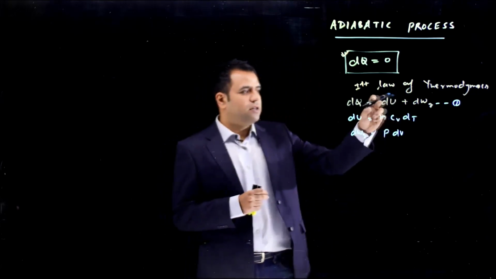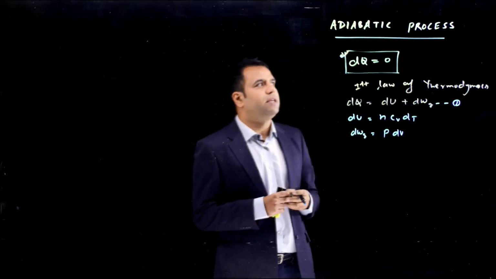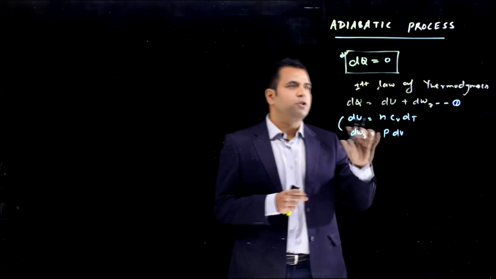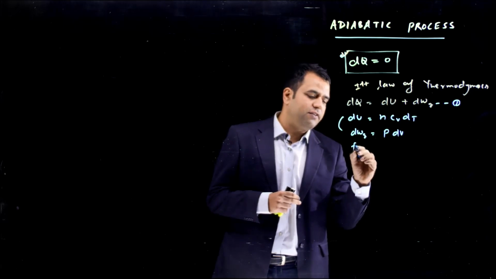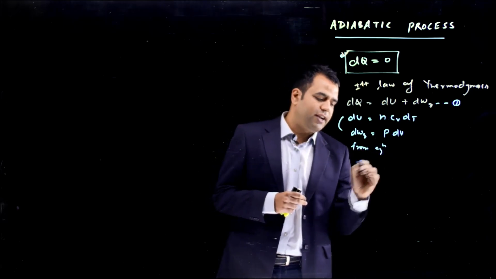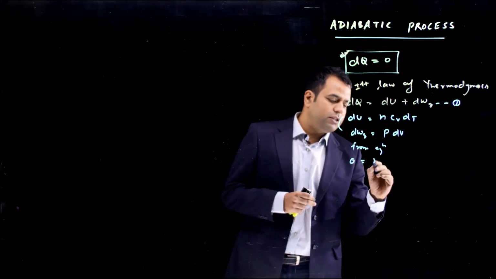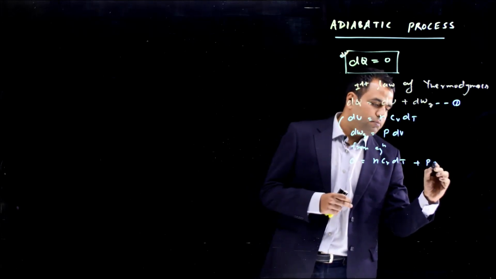So this is my first law of thermodynamics, and this is the value of dq in case of adiabatic process, and these two are the values for the closed system. We'll put all these values in the first law. If you put all these values in equation 1, we'll have 0, since dq is 0 there, is equal to ncv dt plus p dv.